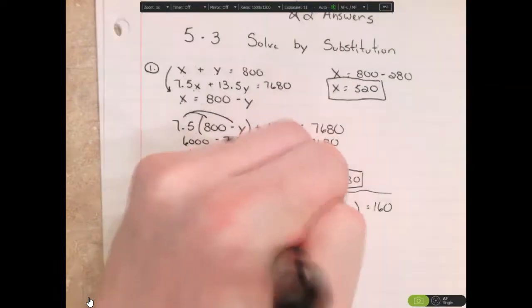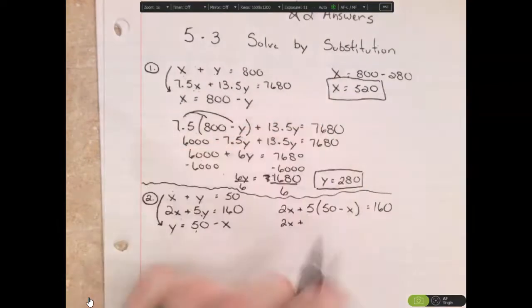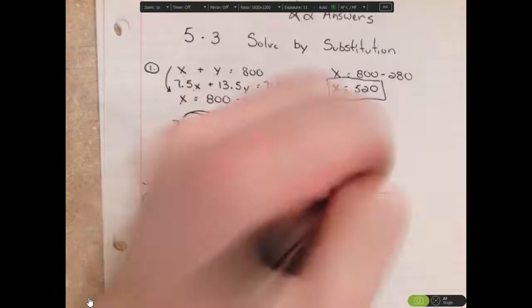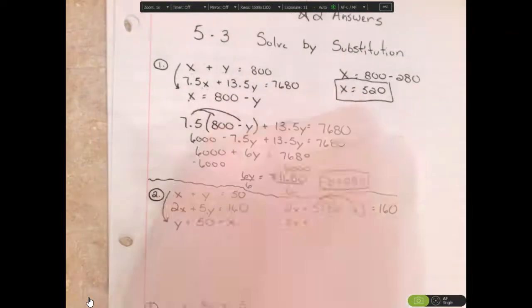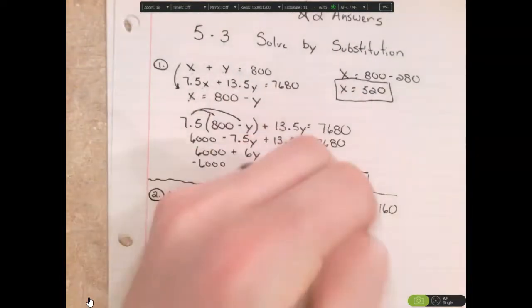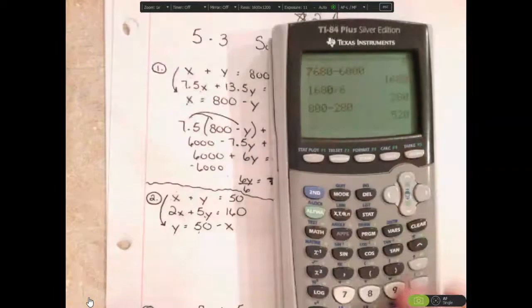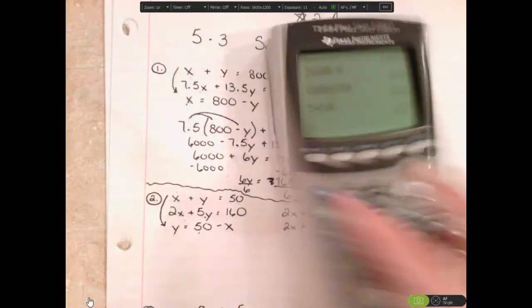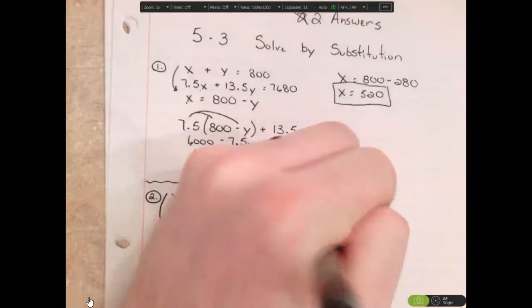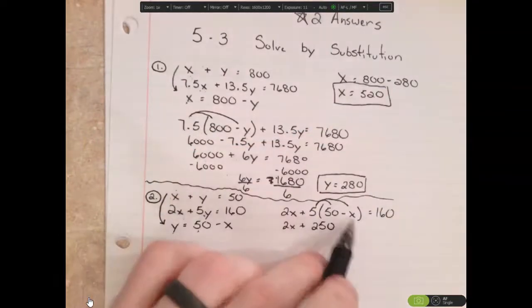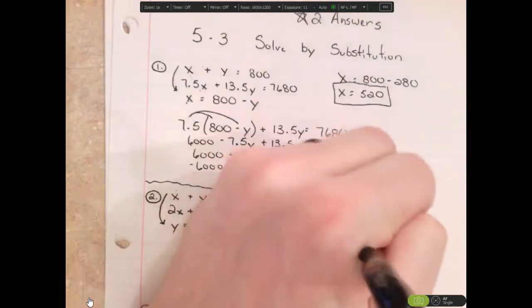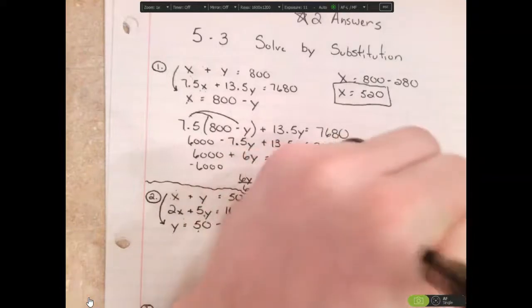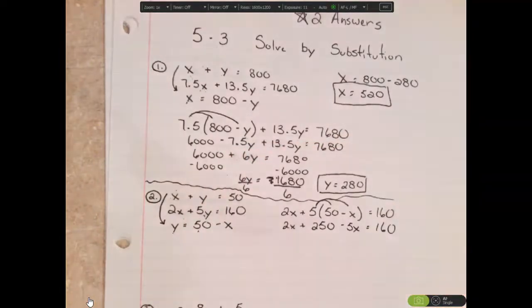So I have 2x, I have some parentheses, so I need to distribute my 5 into everything. So 5 times 50, for those of you, let's use our calculators, 250. 5 times negative x minus 5x is equal to 160.